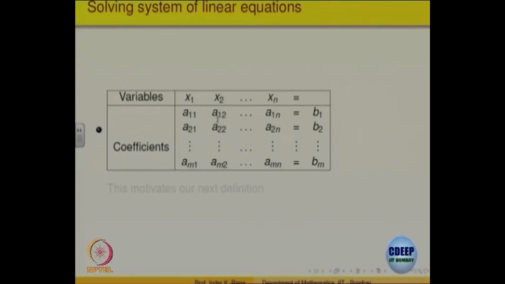So, what we have done is we have fixed the positions of the coefficients. When we go along a row, we represent the coefficients of that equation for x1, x2, xn, and when we go vertically down, we represent the first equation, second equation, third equation and so on. So, written this way, all the data about the system is captured. We have fixed the positions of the variables.